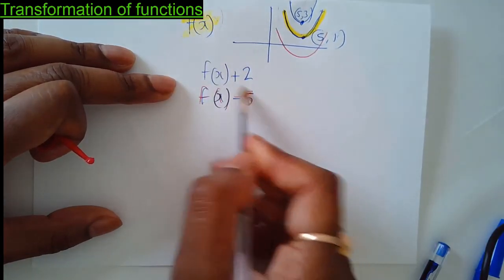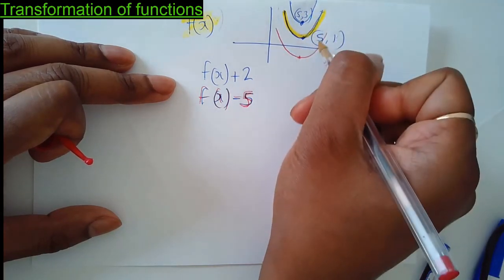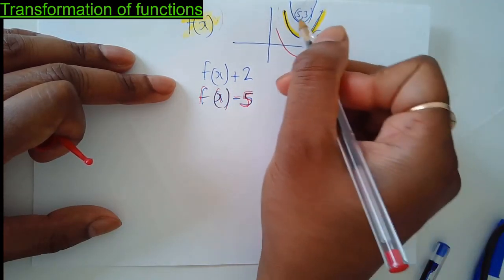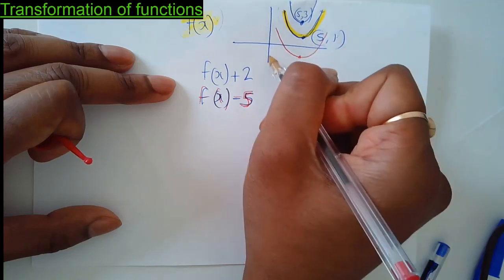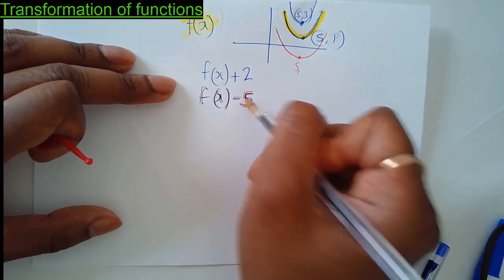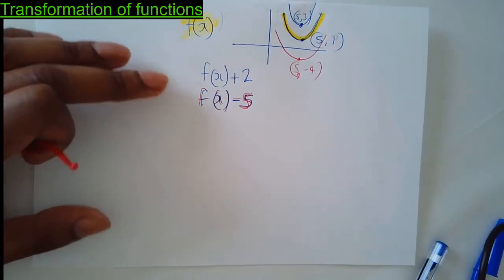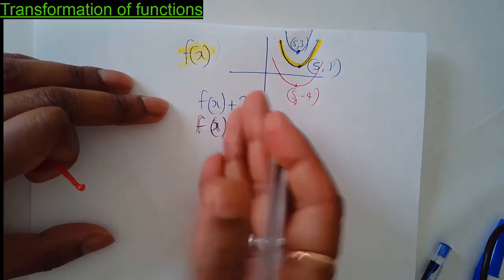Still going to be 5 along the corridor. But that 1, you do 1 take away 5, which is minus 4. That's the new coordinate. And this is what we call transformation of functions.